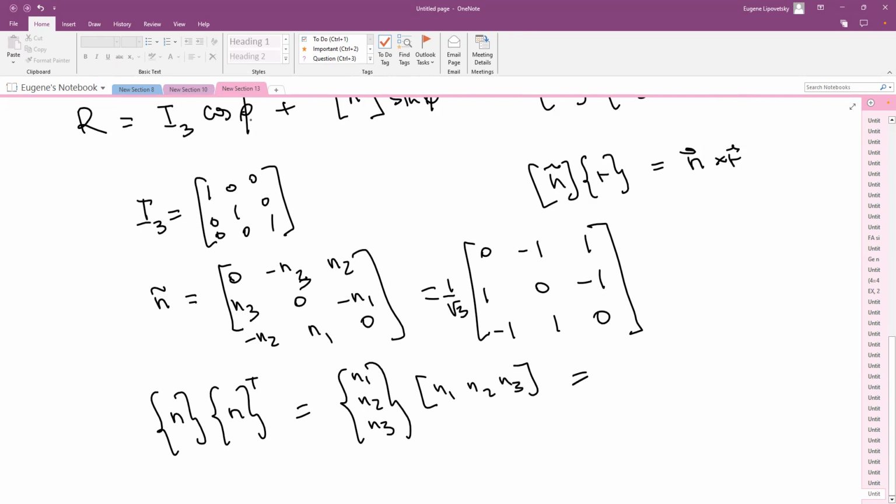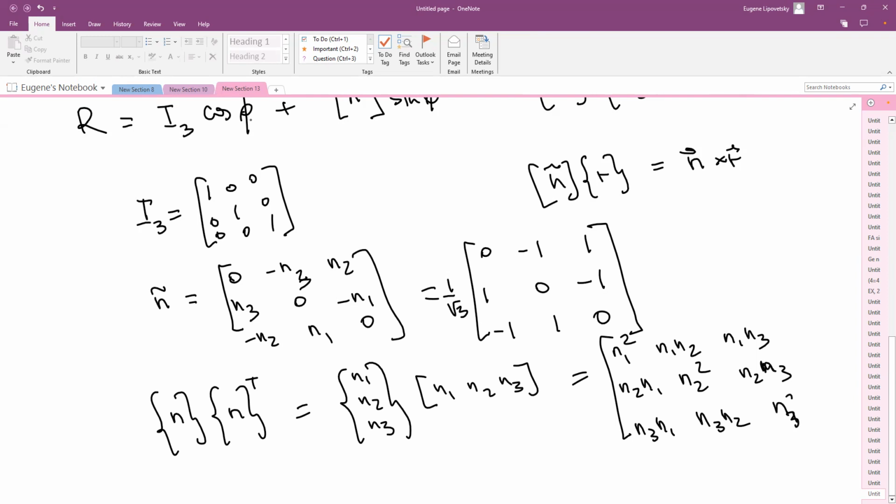That will be a matrix with components n1 squared, n1 n2, n1 n3, n2 n1, n2 squared, n2 n3, n3 n1, n3 n2, n3 squared.